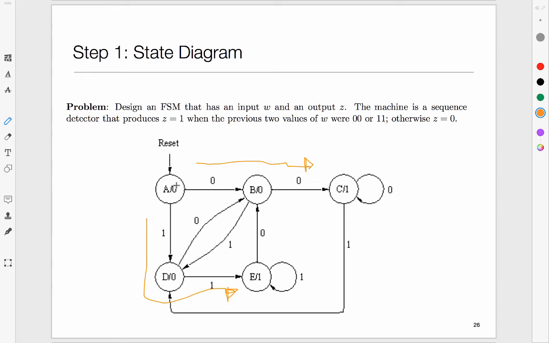There are problems in which the number of states need not be finite. I cannot solve them using FSM. And bear in mind, I'm not saying that they cannot be done using Moore but can be done with Mealy or vice versa. No, they cannot be done with FSM, period.